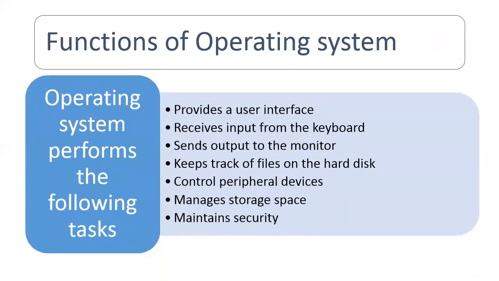Functions of operating system. Operating systems perform the following tasks: boots the computer, provides a user interface, that is how a user interacts with a computer, recognizes input from the keyboard, sends output to the monitor, keeps track of files on the hard disk, controls peripheral devices such as hard drives, printers, and scanners.